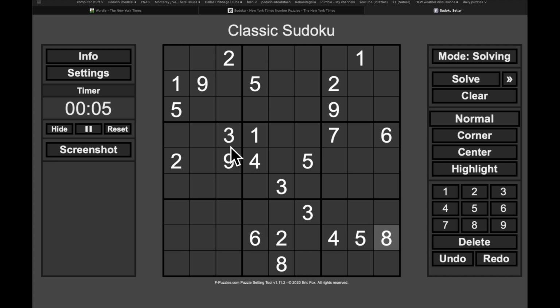Okay, so my strategy here seems to be to start with things where I know I have a lot of digits. So 2, 4, 5, 6, 8. The remaining cells in row 8 are 1, 3, 7, and 9. Now, that's not 1, that's not 9, that's not 3 or 9, and this is not 3.